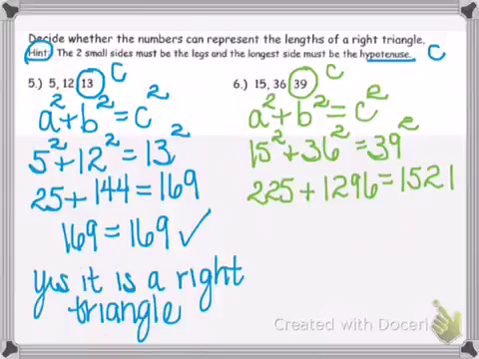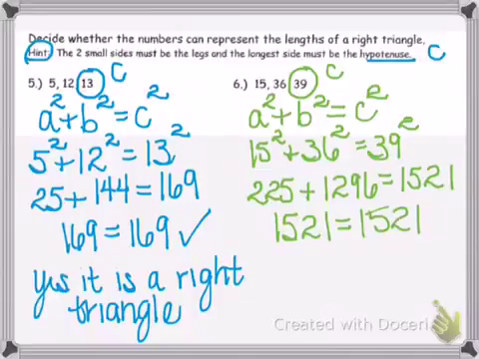If I combine the two numbers on the left, I get 1,521, which equals 1,521. So I know that that checks out, and yes, it is a right triangle.